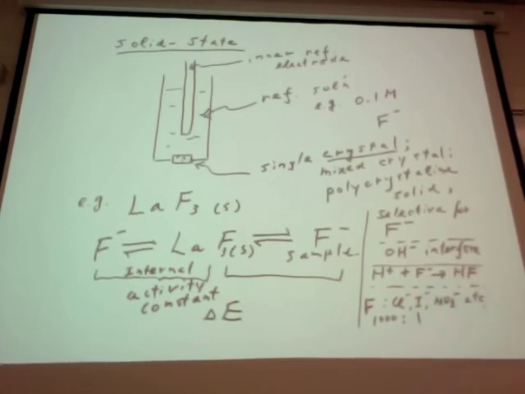Okay, then our knowledge of selectivity. Usually, whenever it's selective, it's usually a 1,000 to 1 kind of selectivity. So fluoride is 1,000, but these other anions, the minus ones, are 1.